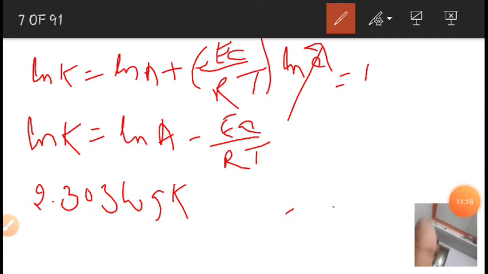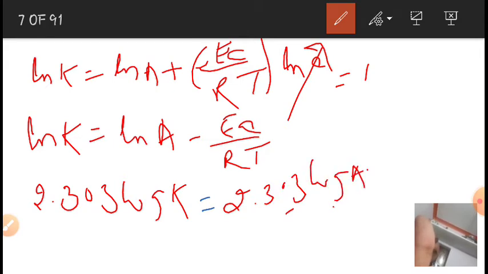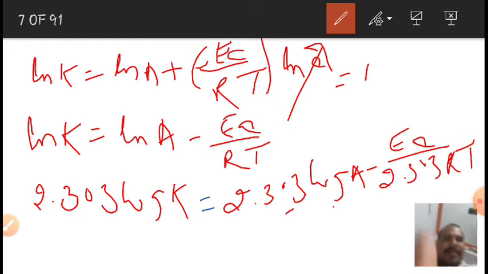So here 2.303 log k is equal to 2.303 log A minus Ea by 2.303 RT.